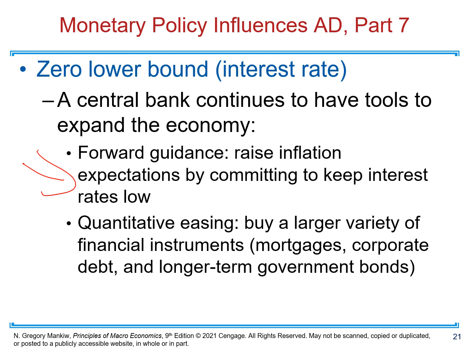All we have to do is change people's expectations, and that will change how they behave today. So imagine that right now we're already close to a 0% interest rate, and then our government says we're gonna keep this interest rate low for the next 5 years. That would incentivize our businesses to make more investment within the next 5 years because the interest rate will stay low for the next 5 years. Okay, so that's called forward guidance.